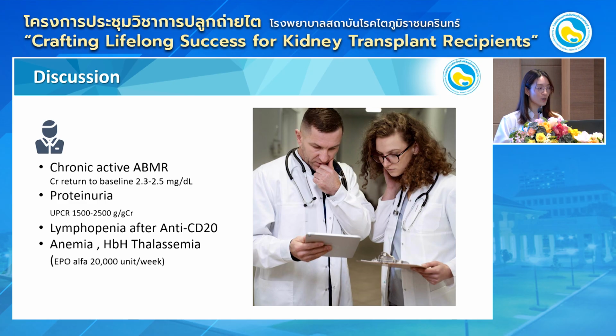Also, he has hemoglobin H disease with a lot of anemia, and he needs high-dose EPO alpha. So I would like to ask the Professor in this meeting to have some comments on this case. Thank you.